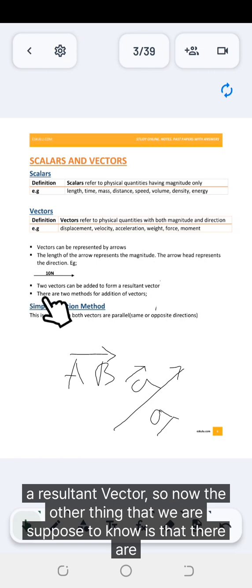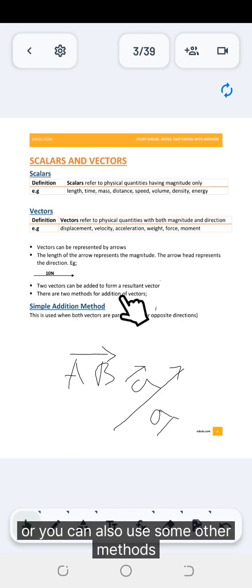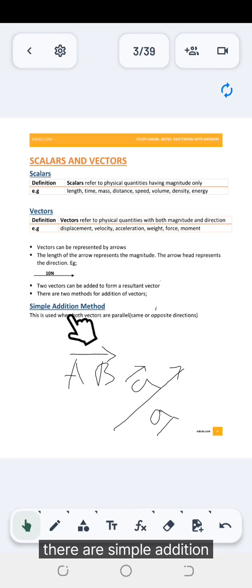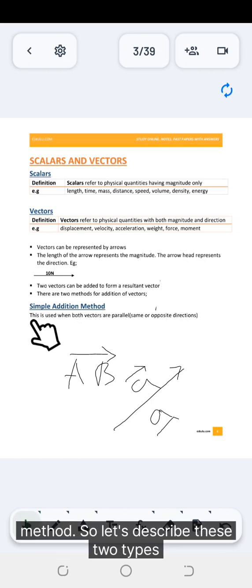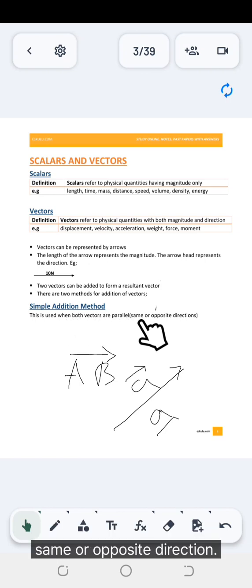The other thing we're supposed to know is that there are two methods of adding vectors. You can also use some other methods, but specifically we're going to deal with two. First, the simple addition method, which is used when both vectors are parallel, in the same or opposite direction.